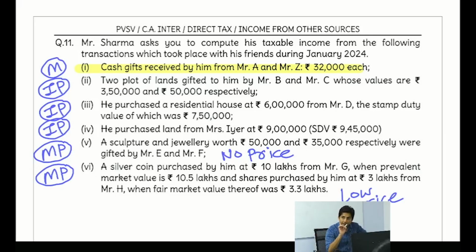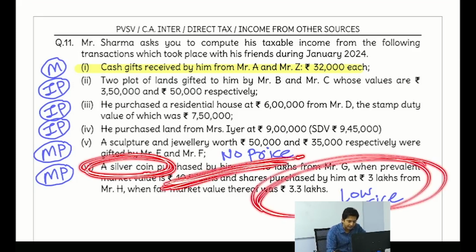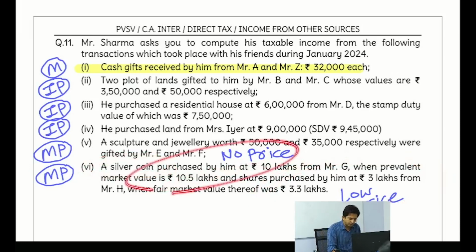Aggregation, but keep in mind it should be a JASVI item. Luckily these are JASVI items, but in the exam you never know, suddenly they will put some non-JASVI item. Tell me, for my satisfaction, if this silver coin was not silver coin but a music system, then ignore that. But this is shares, which is from JASVI, but there the difference is only 30,000, and up to 50,000 it is exempt. Anyway, here both were JASVI items.